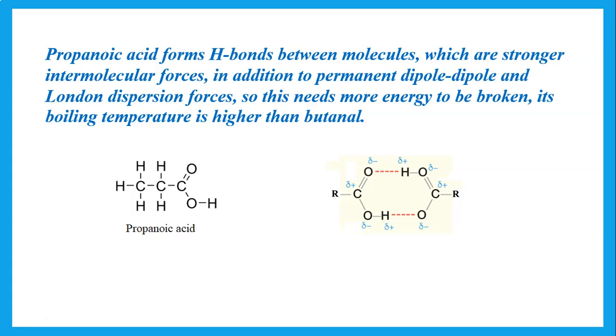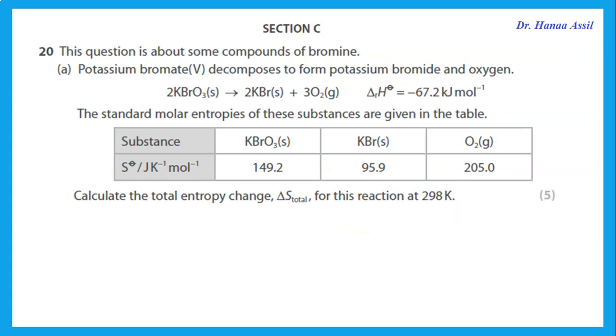If they have an electronegative element, then they probably have permanent dipole-dipole. But if they can form hydrogen bonds, these are the strongest intermolecular forces between these molecules. They need more energy to be broken, and that is why its boiling temperature is higher than butanal. Please be careful when you're explaining this kind of questions.